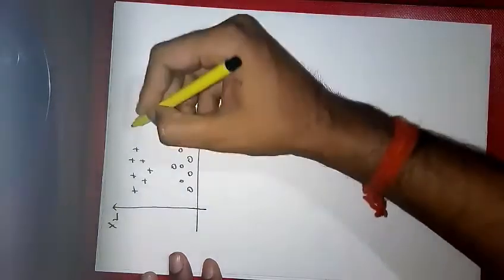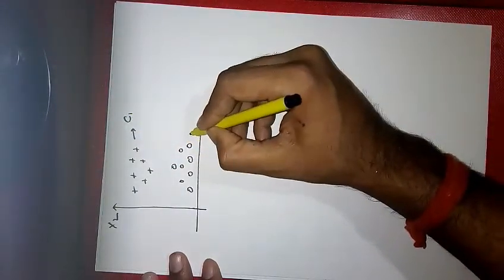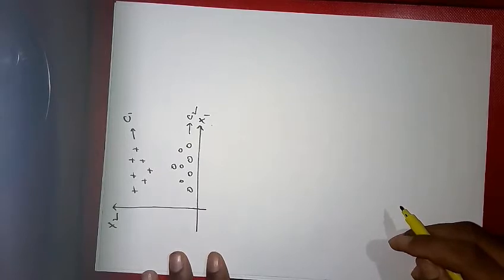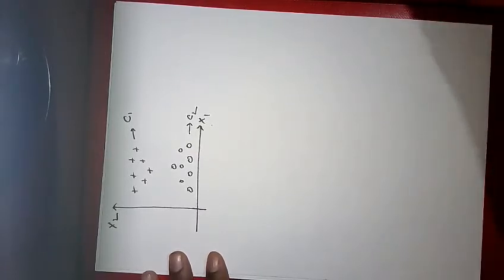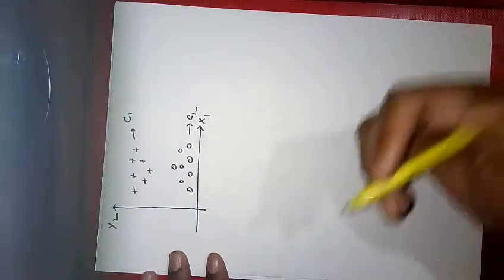So the plus sign belongs to the C1 class and the circle belongs to the C2 class. Now we can separate it by different lines.